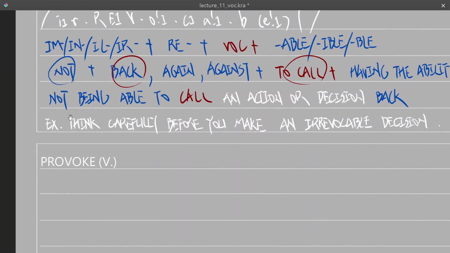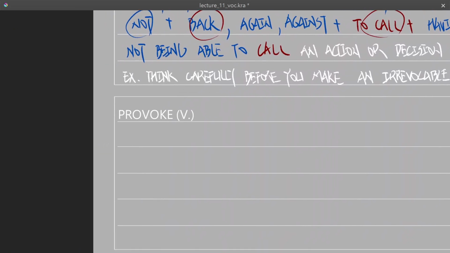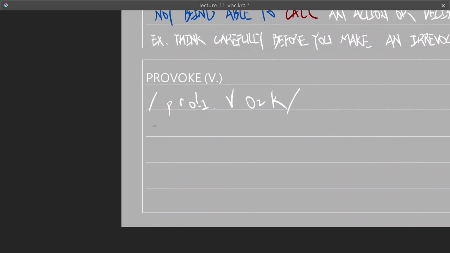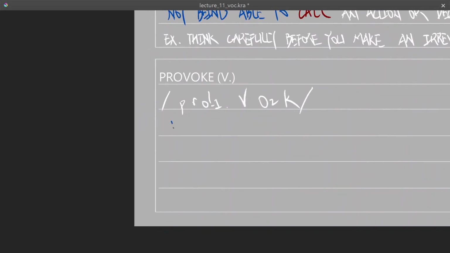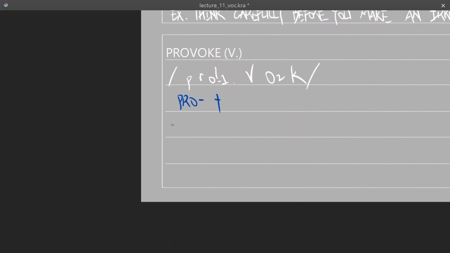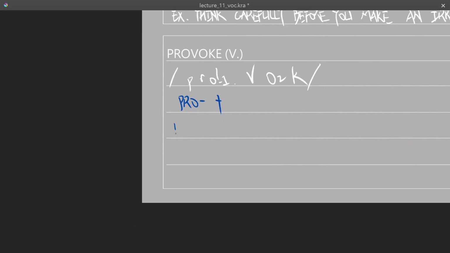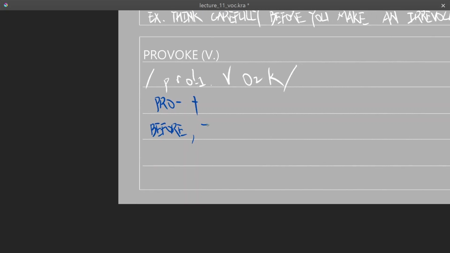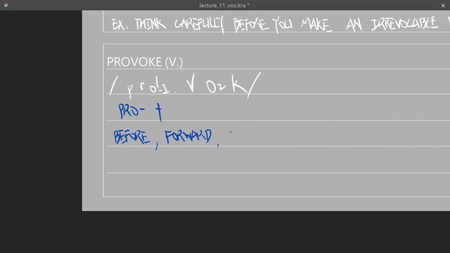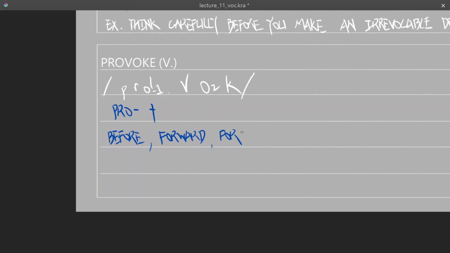All right, next we have provoke. Provoke. All right, provoke. And we have the prefix pro. The prefix pro usually means before, forward, or for, that is, support.